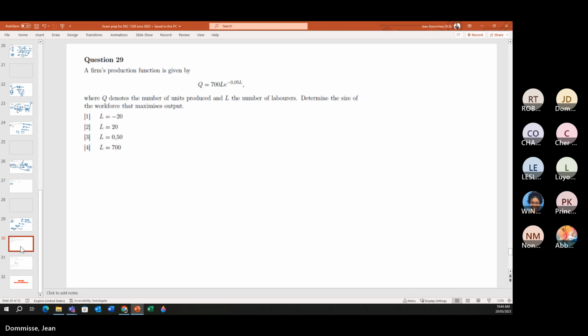So a firm's production function is given by this function, where Q denotes the number of units produced and L the number of laborers. Determine the size of a workforce that maximizes output.